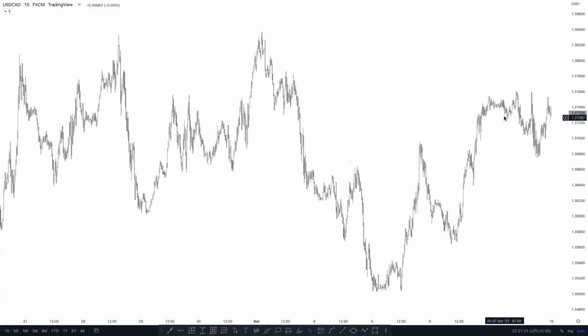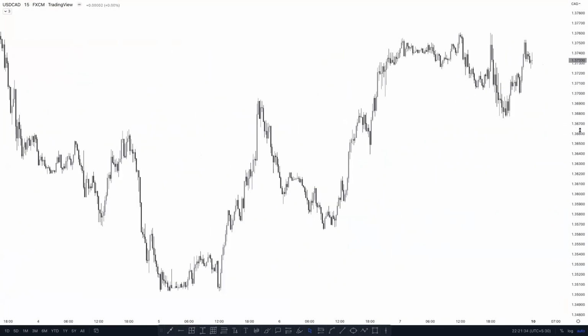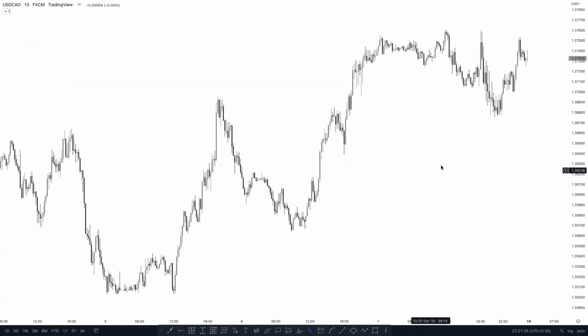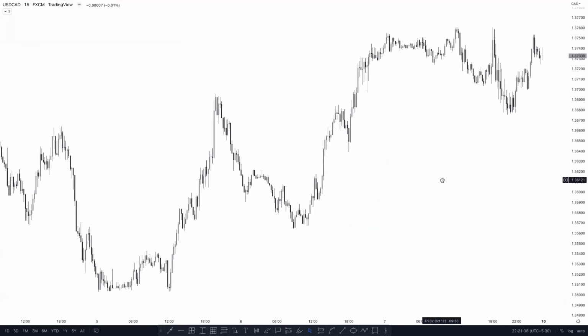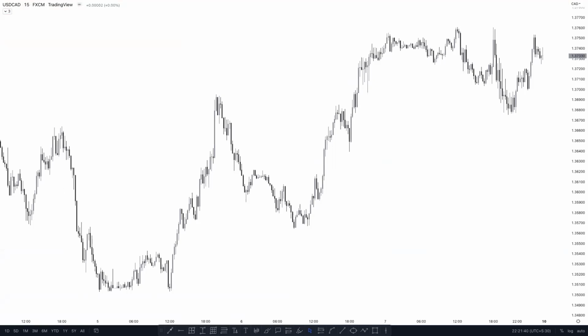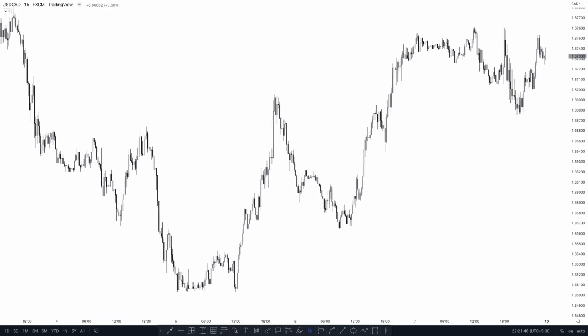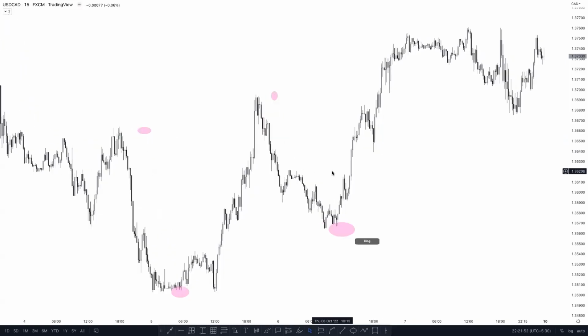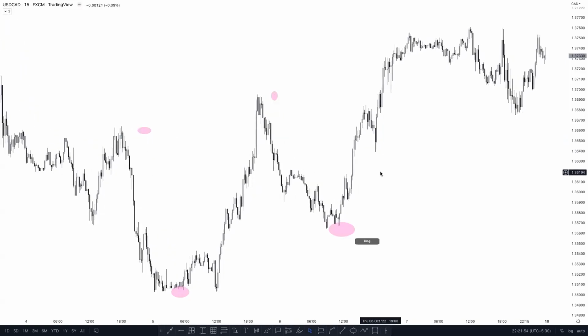All right. So this is the current price action, USD CAD 15-minute. Yes. Okay. So everyone, help Bauschet to mark the 15-minute POI. I mean 15-minute structure. Everyone, help them.